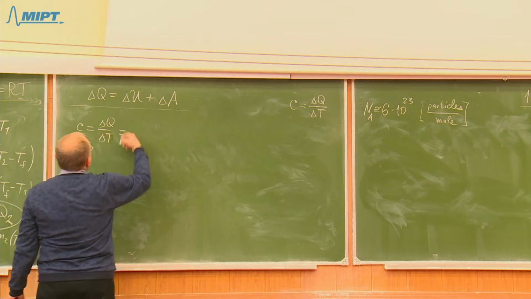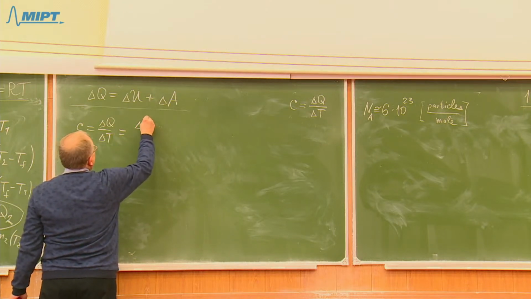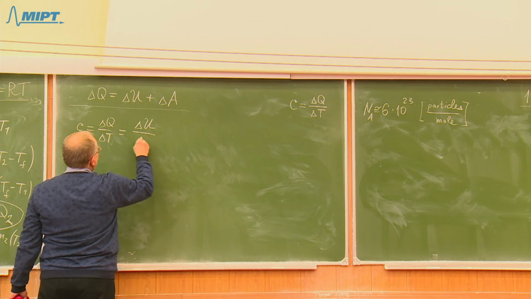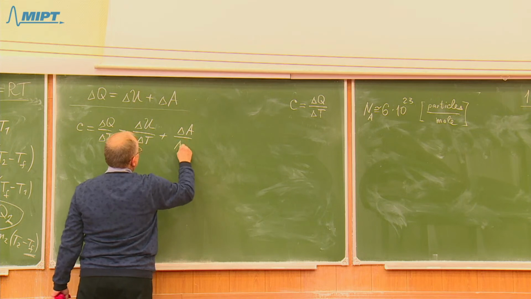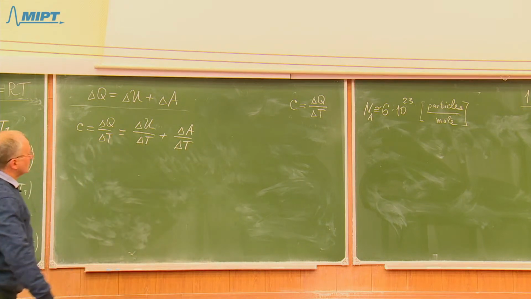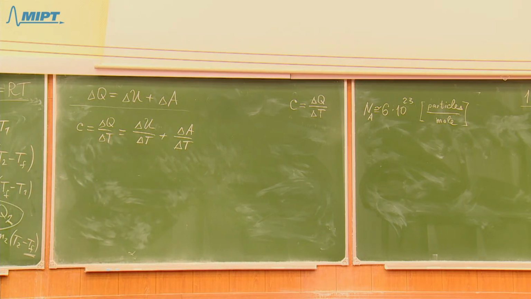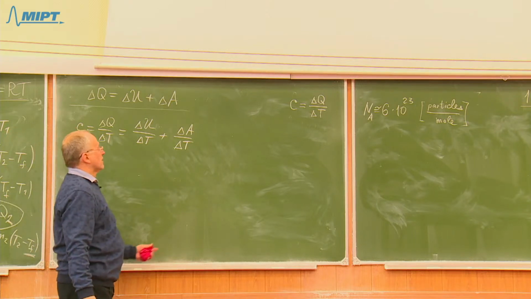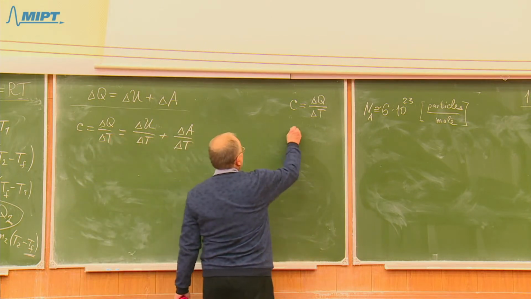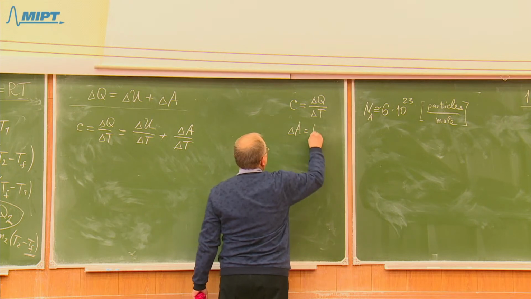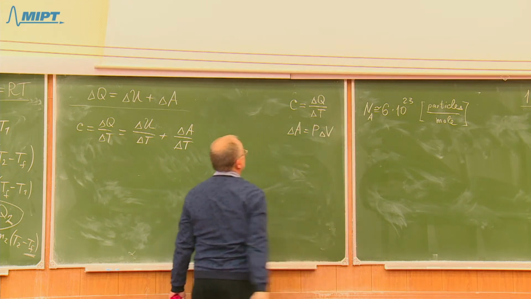And using this expression for delta Q, I will have delta U by delta T plus the work produced by an ideal gas by delta T. So this equation will give us different results for different processes. We know that the work delta A by definition is pressure times change in volume.